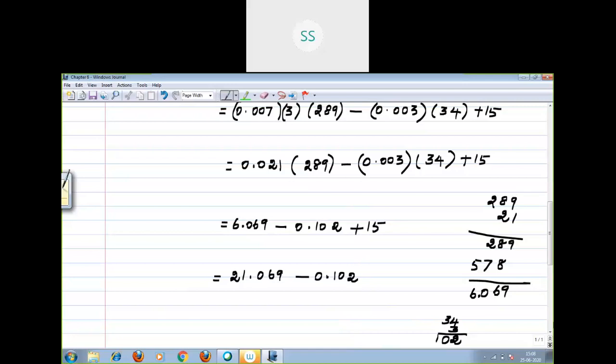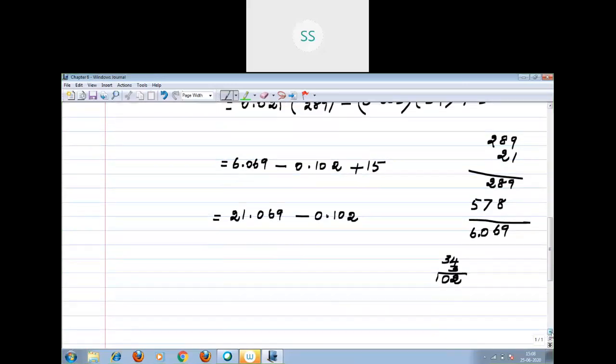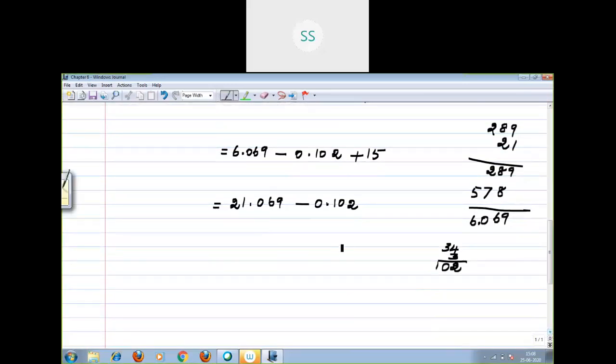Better you have to select the right side margin and do the subtraction. Nothing is wrong. Now you see, 21.069 minus 0.102, which is equal to 20.967.